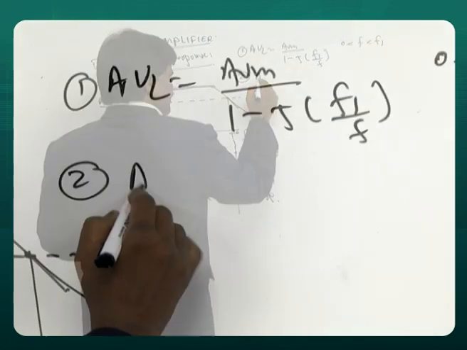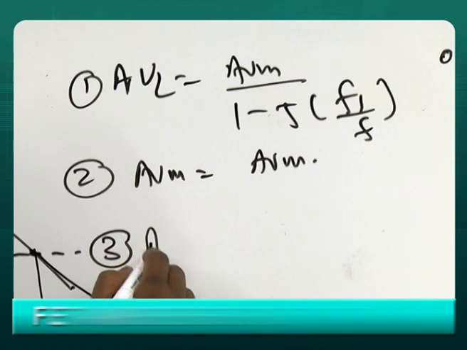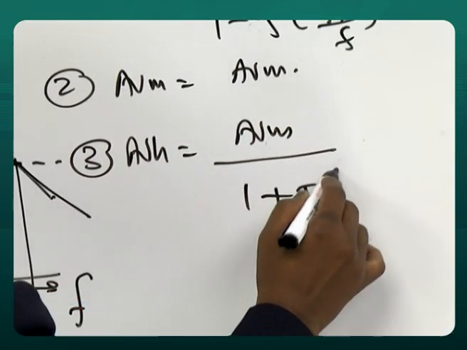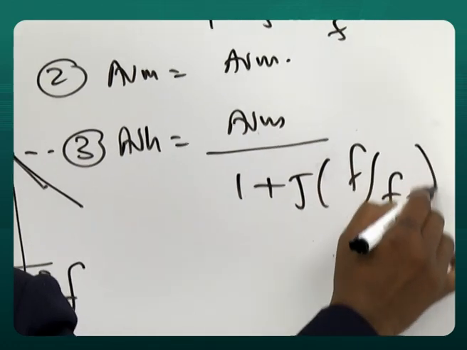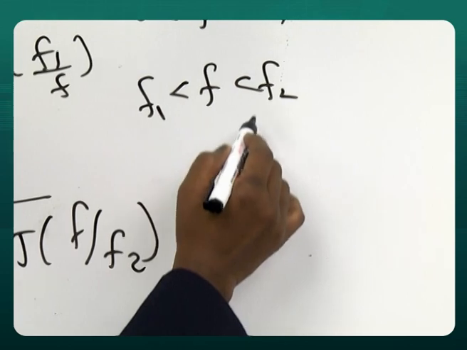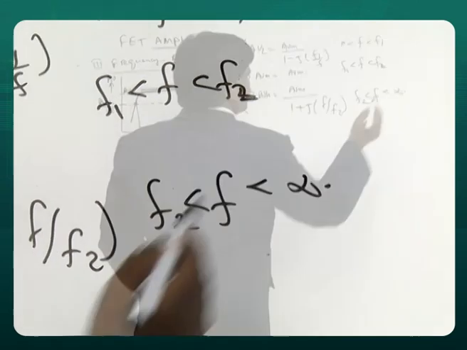Second one, AVM is directly AVM. Third one, AVH is AVM by 1 plus j F by F2. This is F1 to F2. This is F2 to infinity.